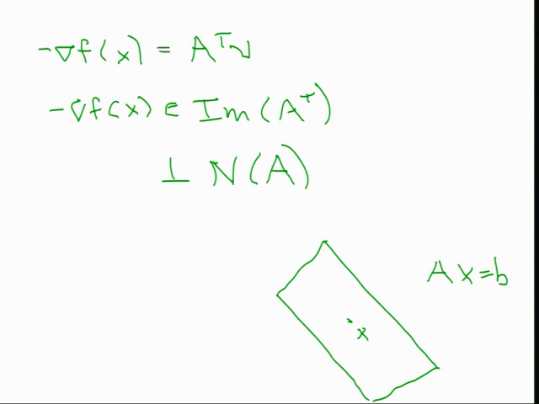All the other points in the plane are just x plus any vector in the null space of A. That characterizes the whole plane. And now what I'm saying to you is that the gradient has to be perpendicular to every one of these changes that I can add to x. So basically what it says is that the gradient has to stick straight out of the plane. That's all it says. So if you have a plane, then the gradient of the function has to point straight out of the plane.